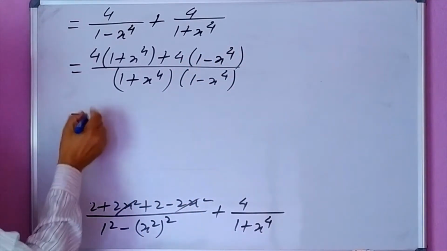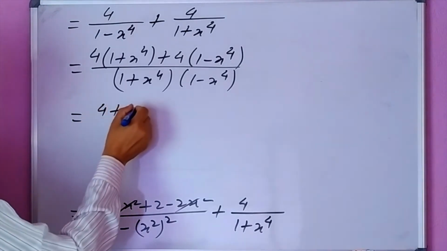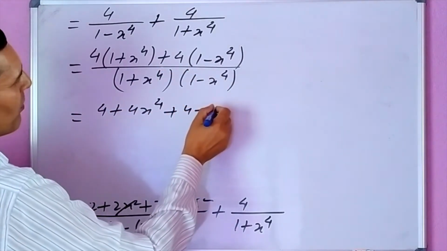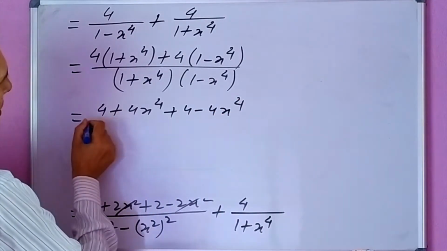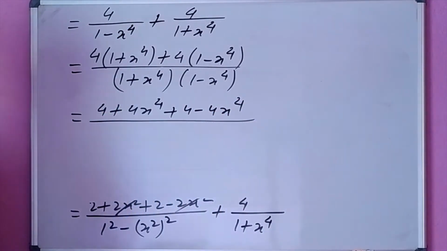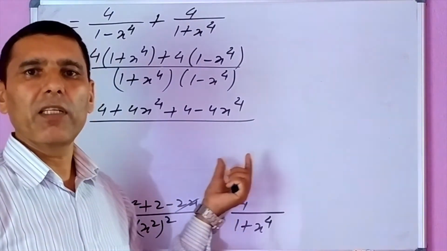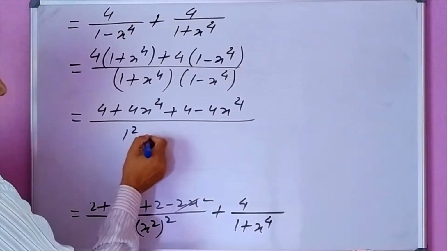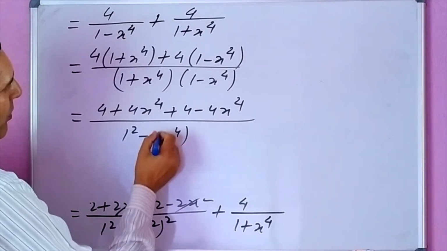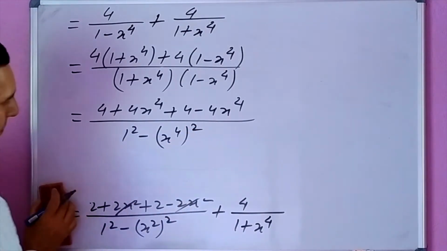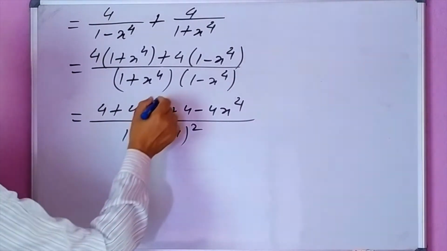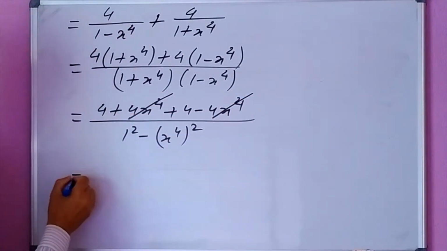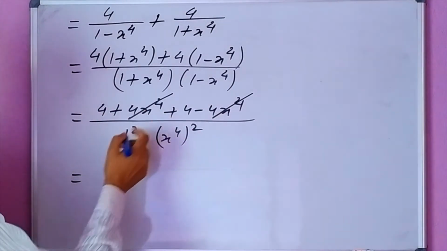Now open the bracket: 4 plus 4x power 4 plus 4 minus 4x power 4 upon, again the denominator is in the form of a plus b times a minus b, which is a square minus b square. Now plus 4x power 4 and minus 4x power 4 cancel. So 4 plus 4 is 8.